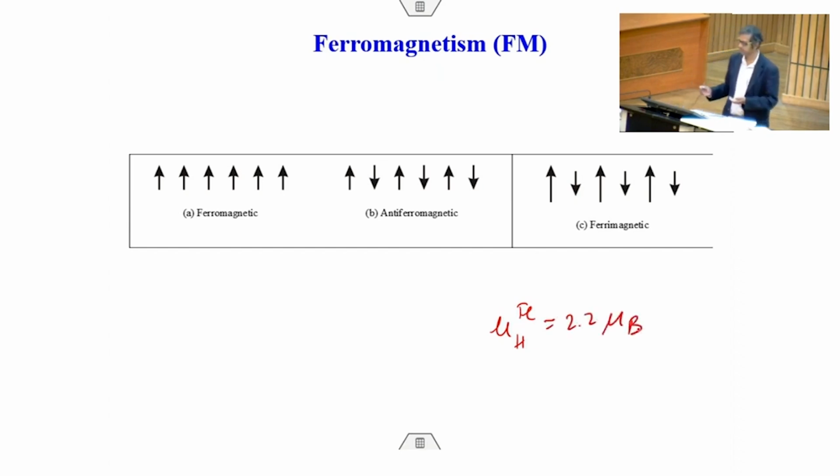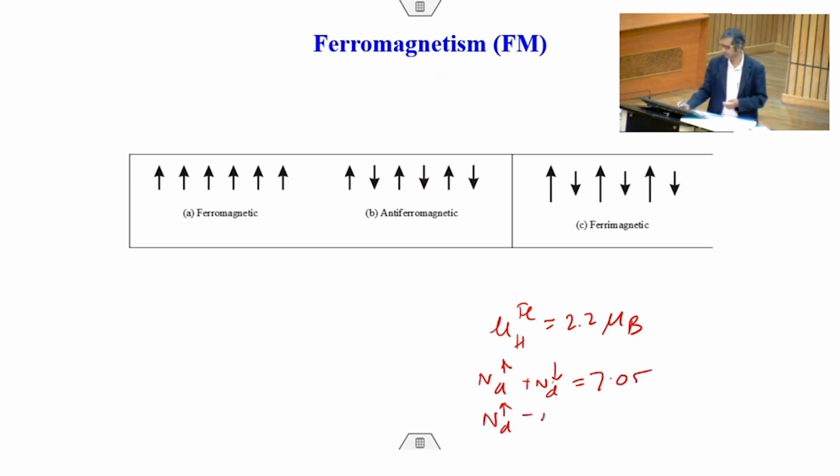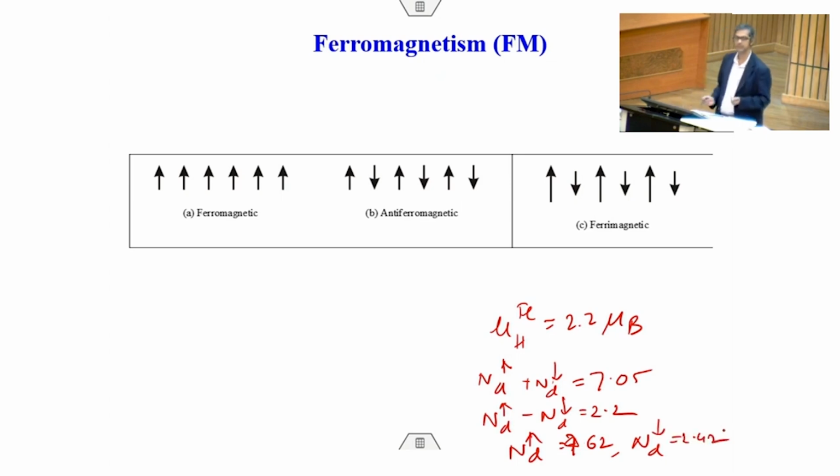So, normally we can write that ND up plus ND down is equal to 7.05, and ND up minus ND down is 2.2. So, therefore, ND up is 4.62 and ND down is basically 2.42. These are the number of electrons in the d orbital which are up spin and down spin.